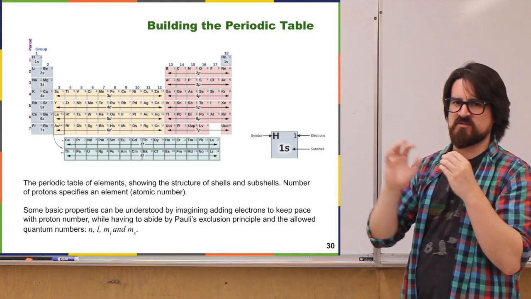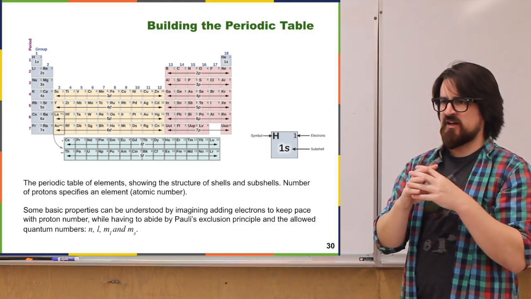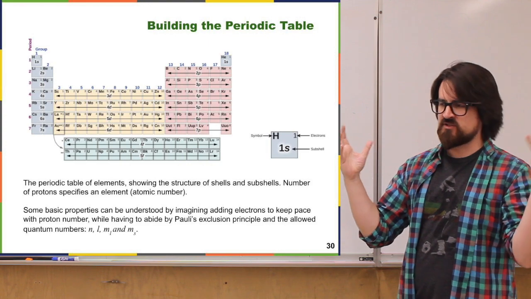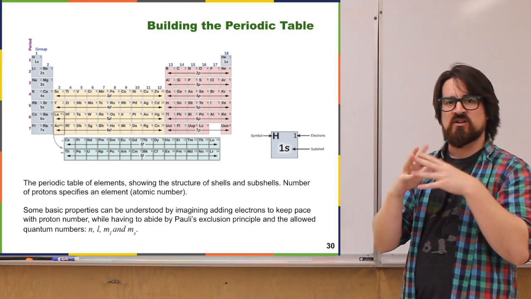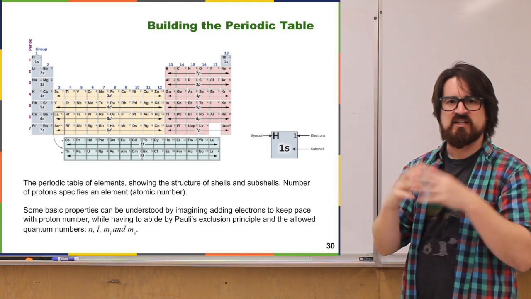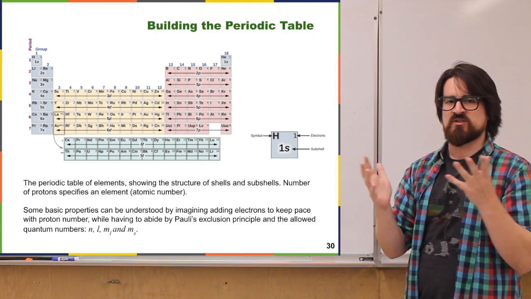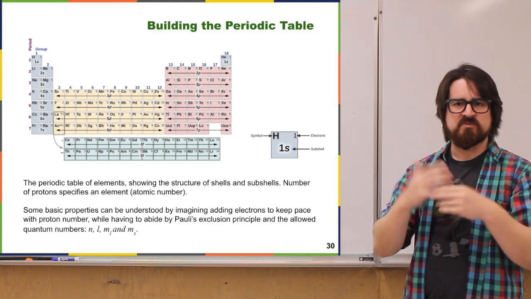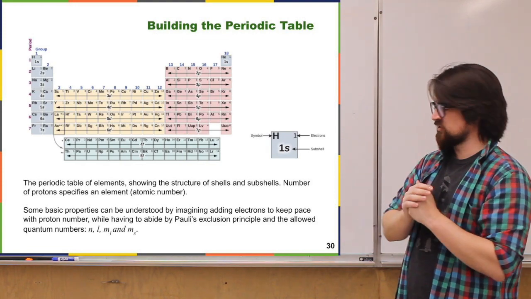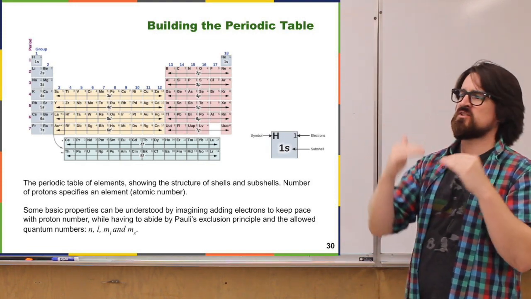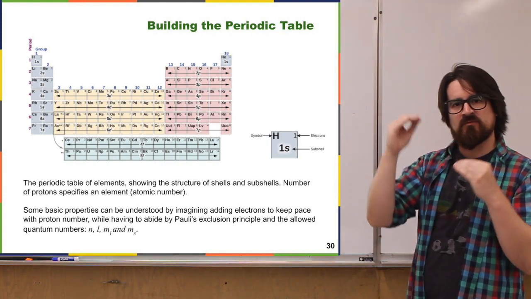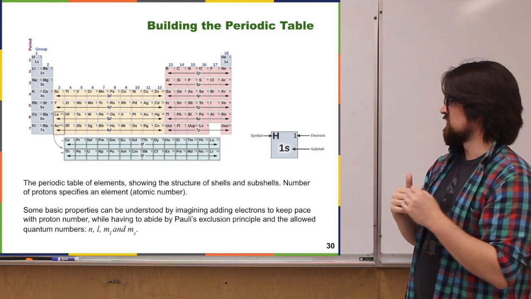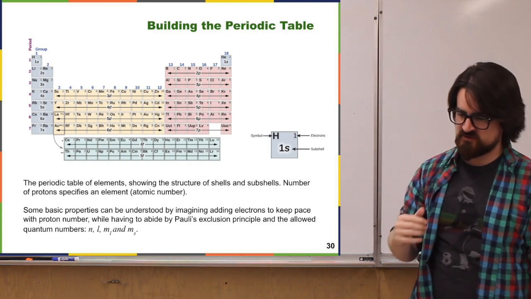You had to take all the rest of them away, strip them all off. When we're talking about actually filling all these electron shells, that's just not the case. There are all these electrons there, and they actually are interacting with each other as well. They each have their own electric charge, they produce electric fields, there's electric potential associated with them. And so it turns out that the energy states are not only going to be about n now, there are some different variations that come in due to all these extra electrons.